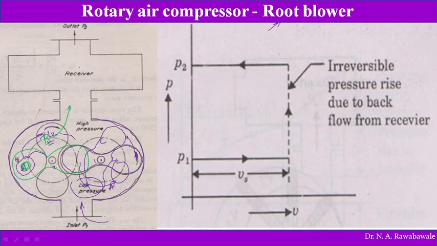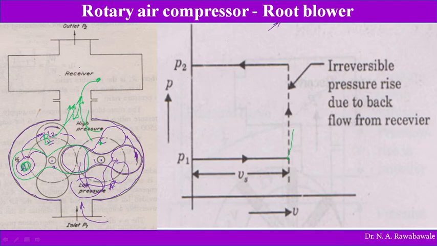So initially air is trapped and gradually air is pushed. As soon as this receiver end opens, suddenly the pressure of air increases because the air which is in the receiver starts to come back, and because of that pressure increases. But gradually this air is pushed into the receiver with the help of the two lobes and squeezed out into the receiver, and gradually the air pressure increases.